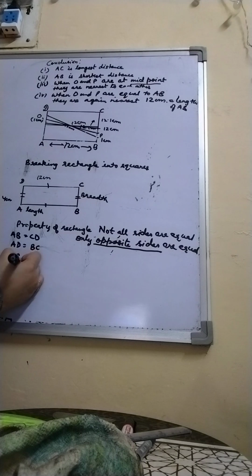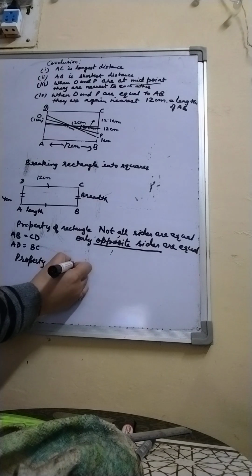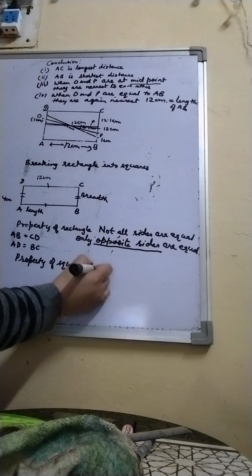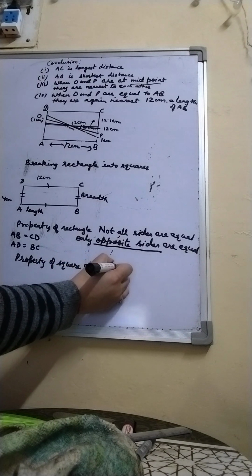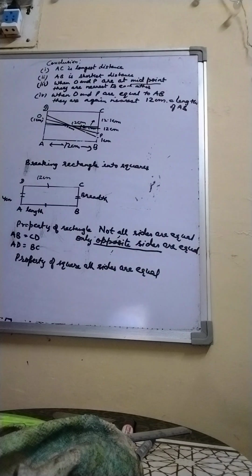What is the property of square? Repeat in your mind. Property of square is that all sides are equal. Okay, this you know. All sides are equal.